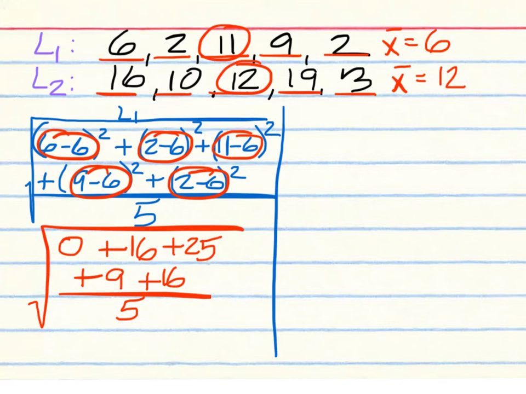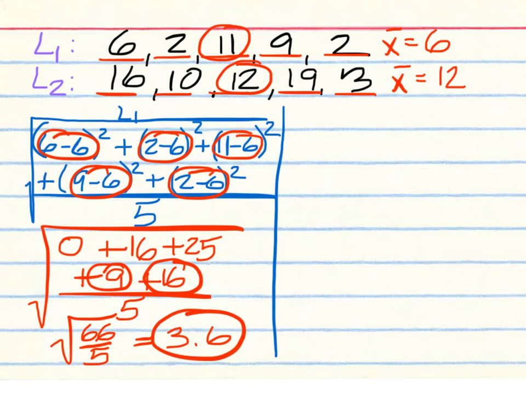So 16 and 25 is 41, plus 9 is 50, plus 16 is 66. We need the square root of 66 over 5, which is 3.6. Standard deviation of 3.6 for list 1.